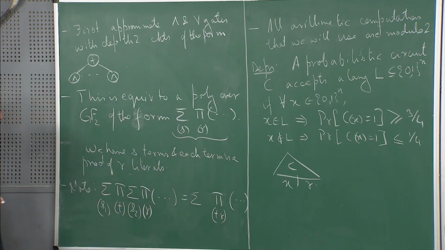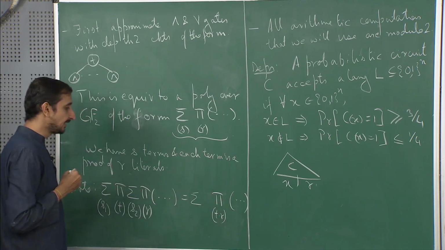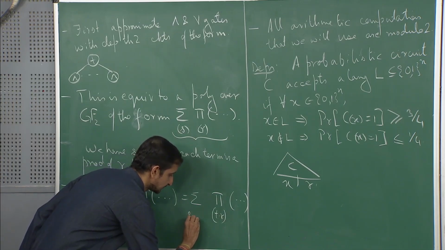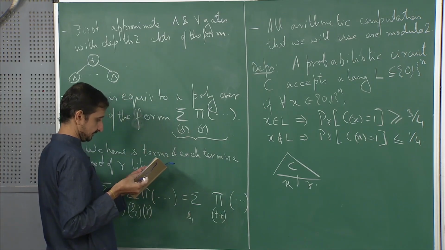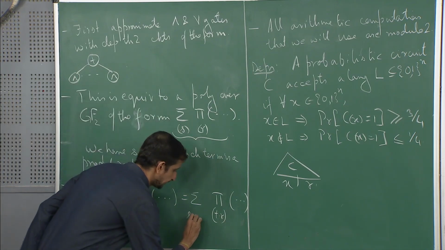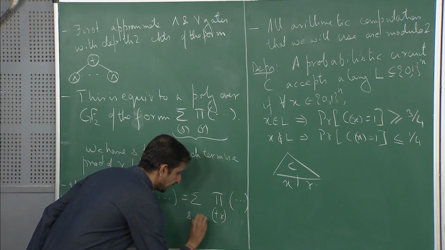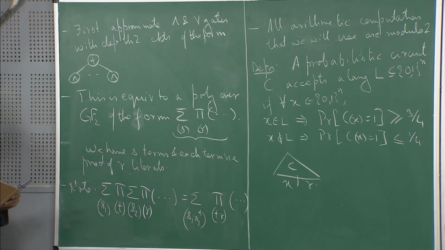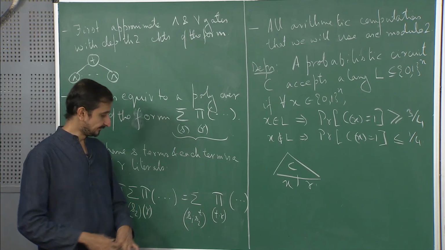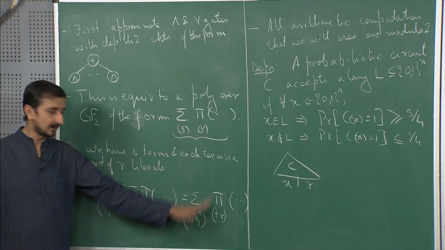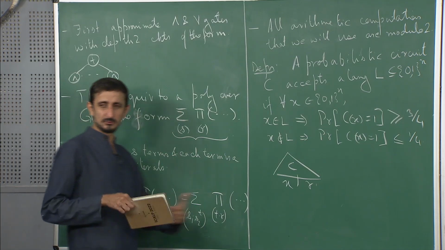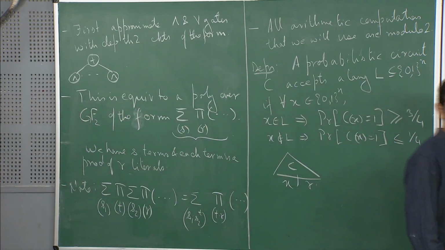The AND gate will now have fan-in TR, and the parity gate will have fan-in S1 into S2 to the power T. If you expand it out, there will now be a total of S1 into S2 to the power T terms, and each term will have TR many literals. You can verify this quite easily.